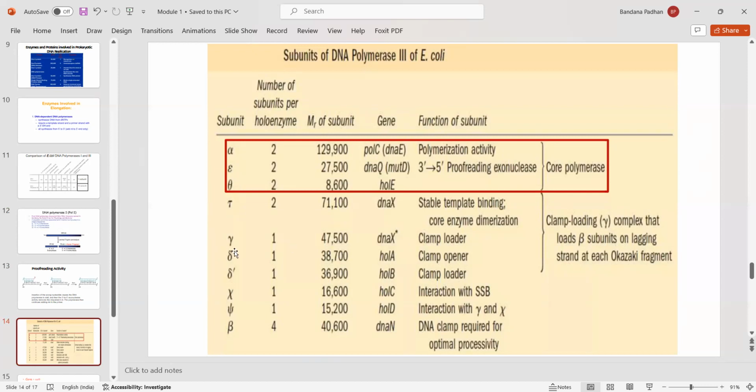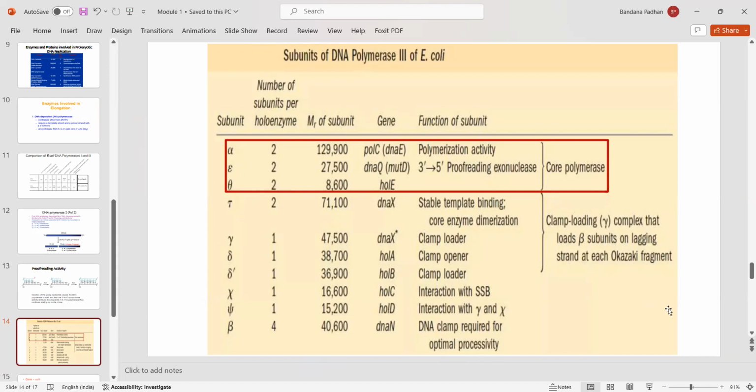These gamma, delta, delta prime, chi, psi are the clamp loader subunits of polymerase 3, whereas beta is the DNA clamp that is required for optimal processivity. This beta clamp is required for dragging the DNA polymerase along the template where the new strand will be synthesized.